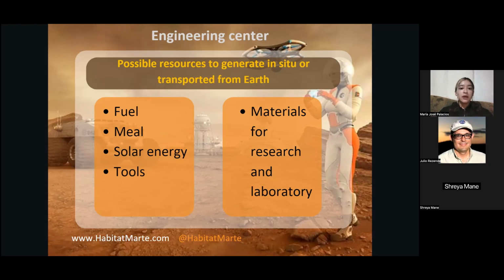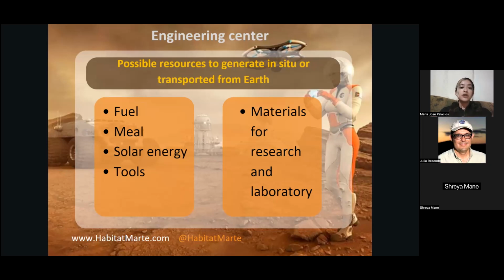We also can get meals. With the little garden that we have, we can grow our own plants and we can eat them. We can generate solar energy because we're going to have panels and we're going to capture all the solar rays.